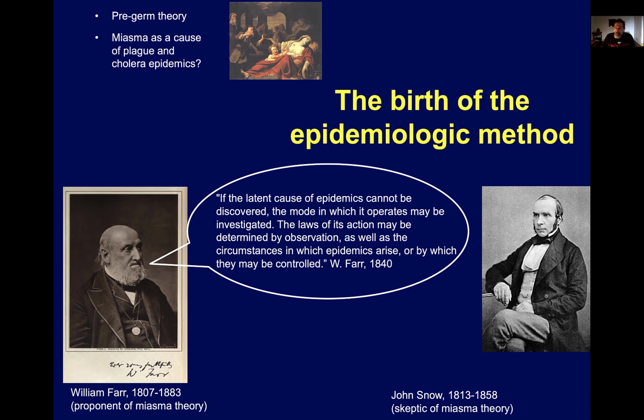So William Farr, the general registrar, believed that miasma, or bad air, was the cause, and John Snow, an anesthesiologist, was a skeptic of miasma as a cause of cholera. At the time, Farr argued that even if the ultimate cause of an epidemic is not known, the mode in which the epidemic operates could be determined through observation with the potential to ultimately prevent or control epidemics. And this is exactly what John Snow set out to do.